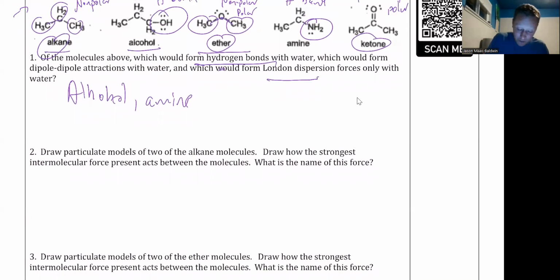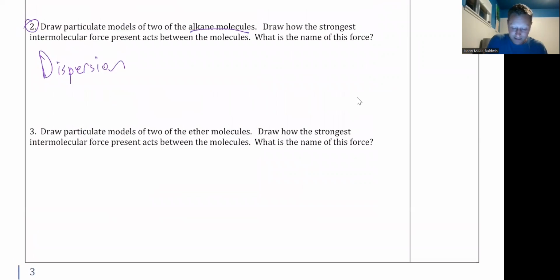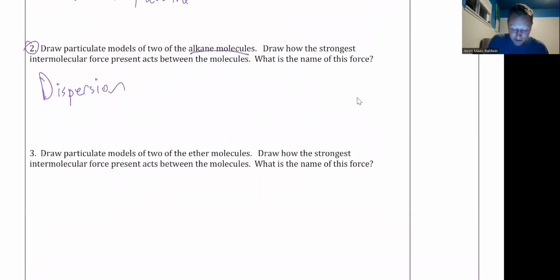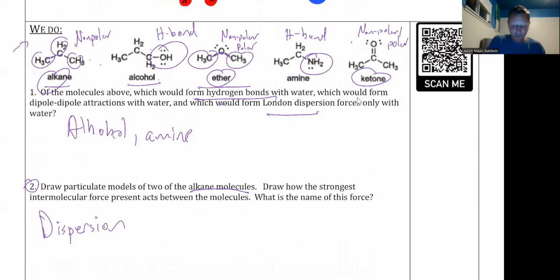If we had two alkane molecules in number 2 bonding together, the strongest intermolecular force would be a dispersion force, which is just, remember, an induced dipole where the electrons are temporarily moved. If we had two ether molecules involved, let's get into a little bit more detail here.